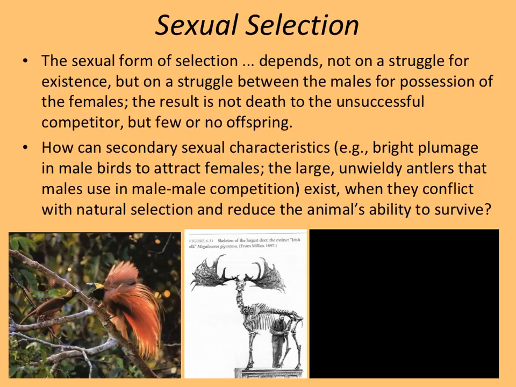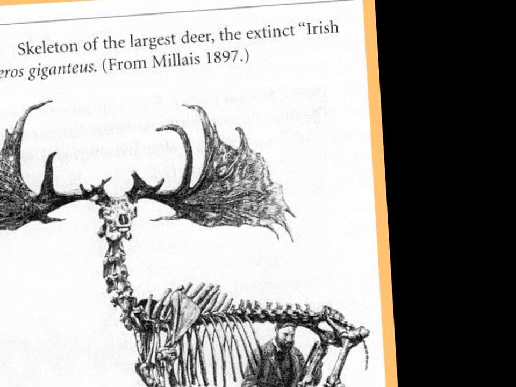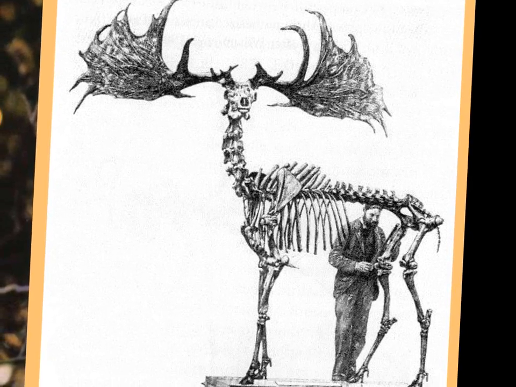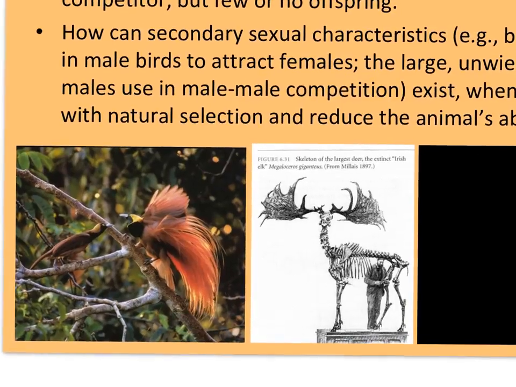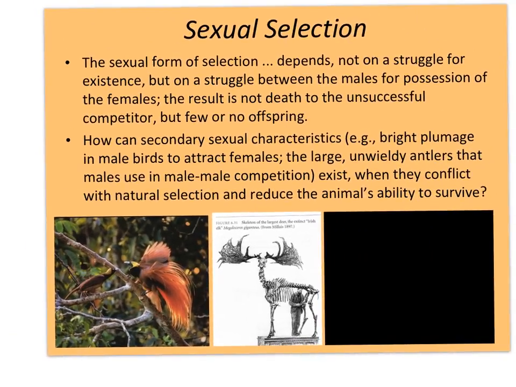So this, in the middle here, is an Irish elk. You can see how large it was. And what it would do is it would compete, it would drive the smaller males away, and it would have a harem.